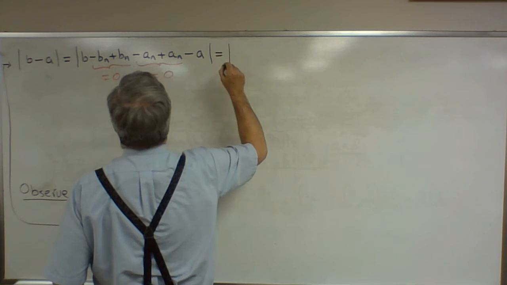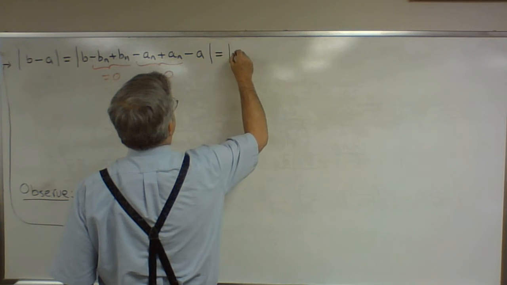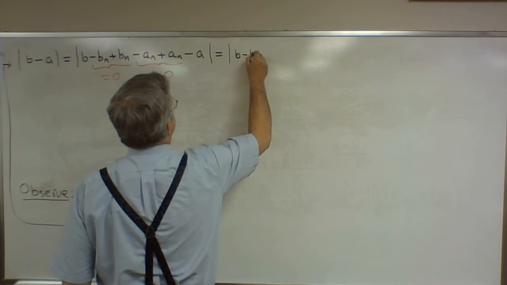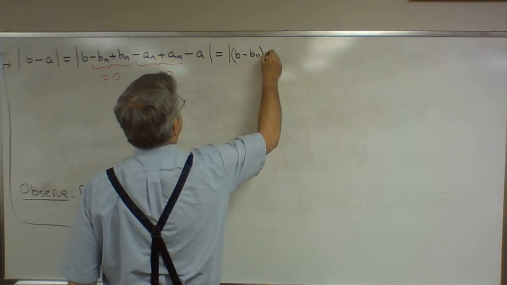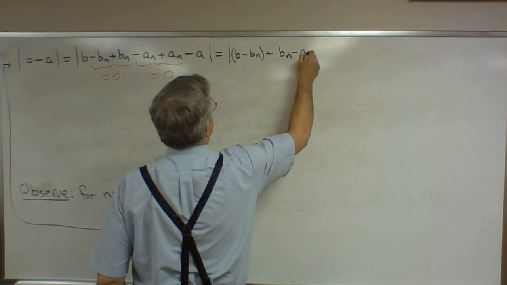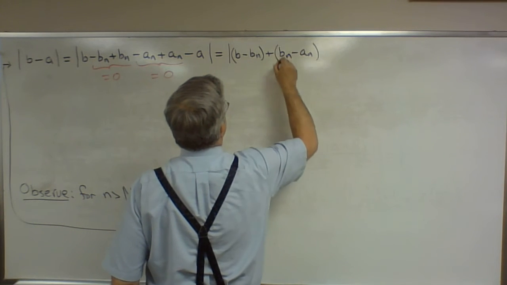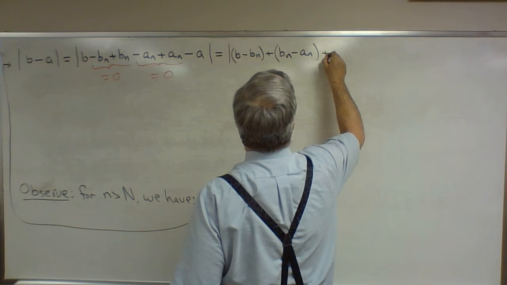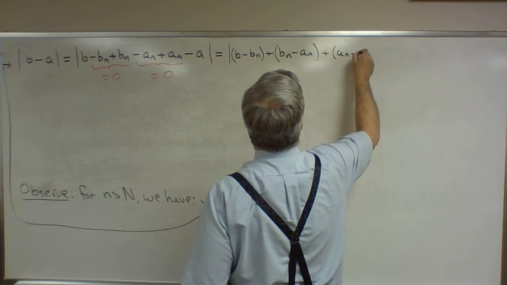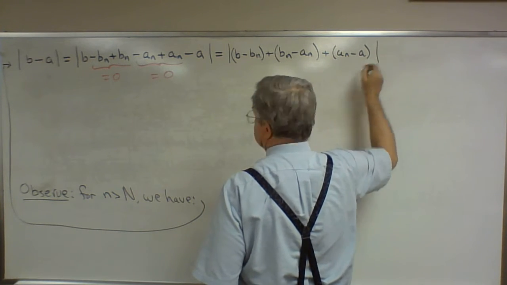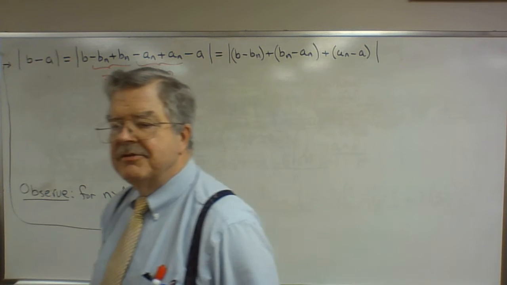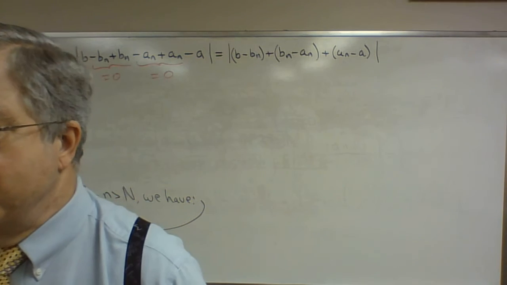And I'll group these as follows. B minus b sub n plus b sub n minus a sub n plus a sub n minus a. Oh, heavens to Betsy, what should I do now?